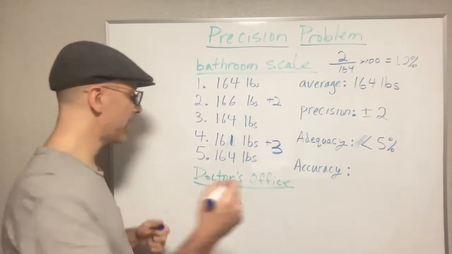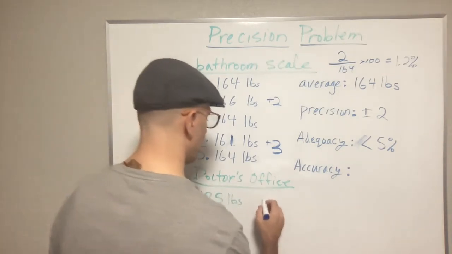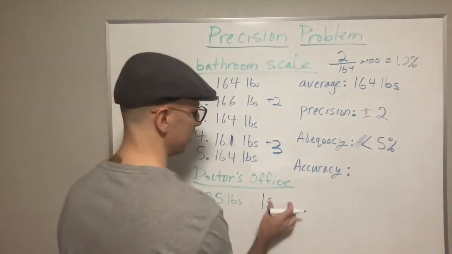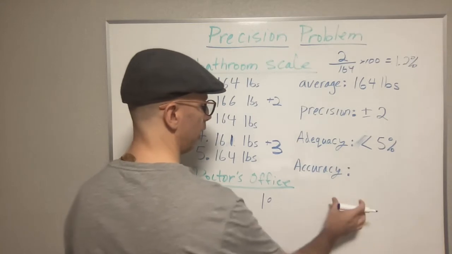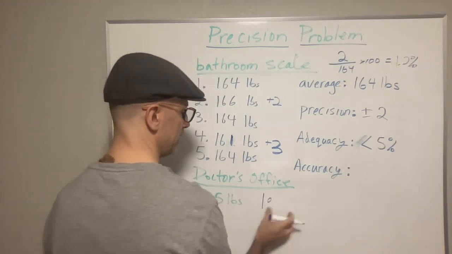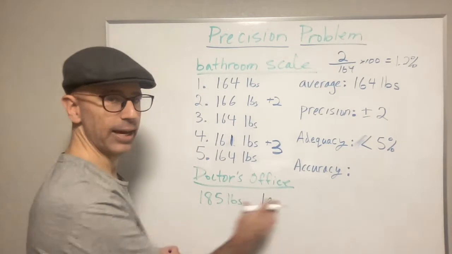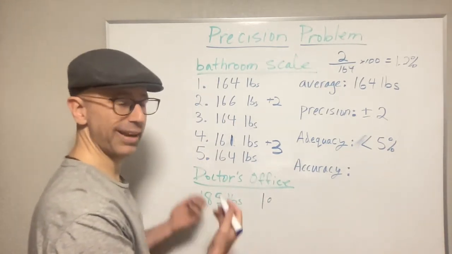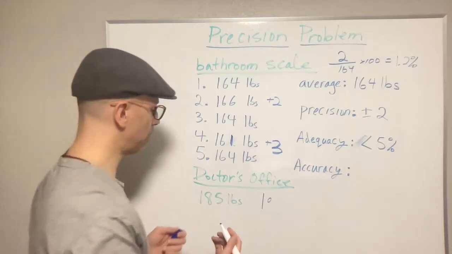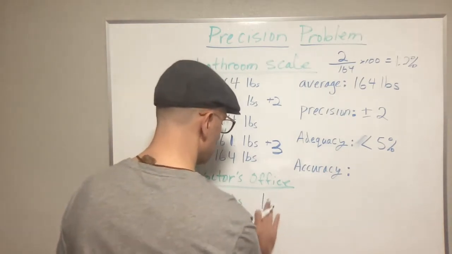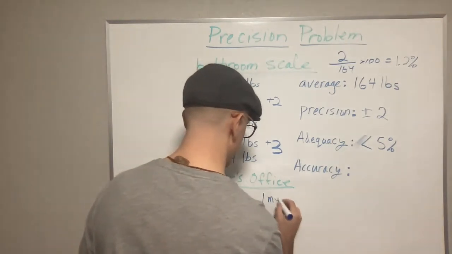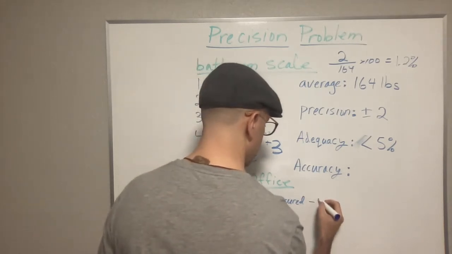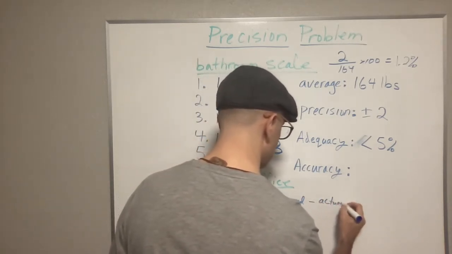And so the way to do that is the formula where you have the actual. Sometimes it's the actual minus the measured, or it's the measured minus the actual. How that happens, it doesn't really matter because you're going to take the absolute value of it. And so it ends up being the same number. So I've seen it as the measured value minus the actual value.